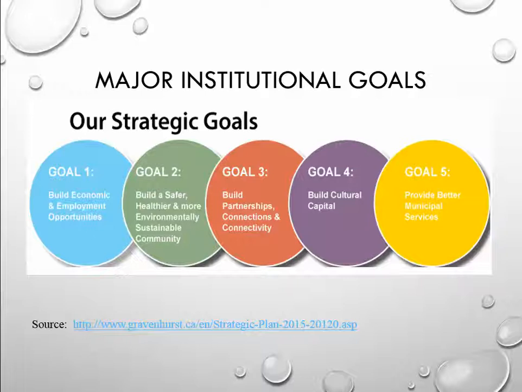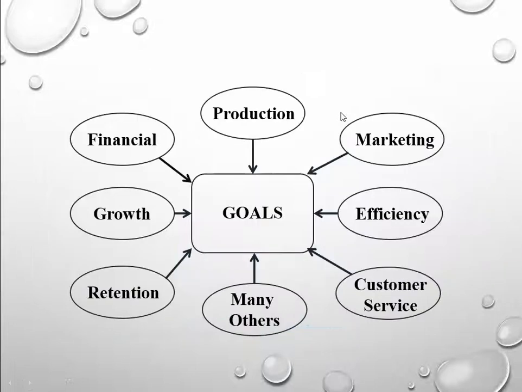And now, when you go to the utility department, they can work toward goal number 2, building a safer, healthier, and more environmentally sustainable community. They can actually work toward all of them, and they can work toward goal 5. They don't have to work toward every one of them, though. Maybe their goals for the year will coincide with goal 2 and goal 5, but they'll do things that you can trace right back to these major institutional goals. So it's critical you identify those in the define the business section of the strategic management model.